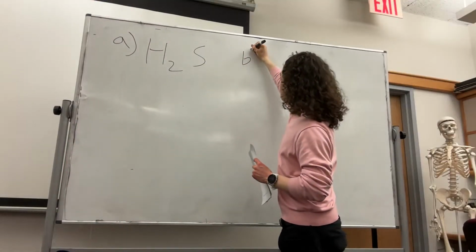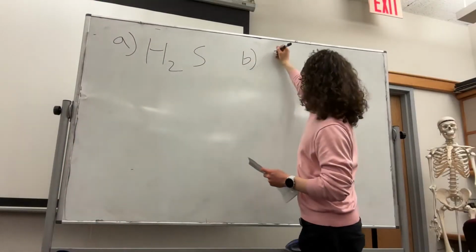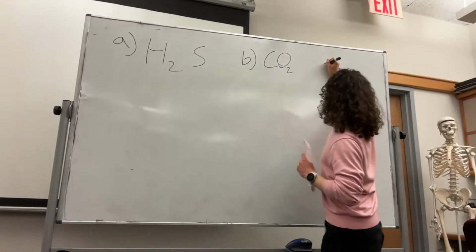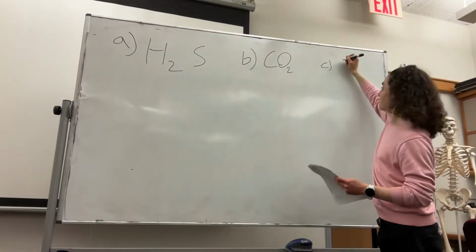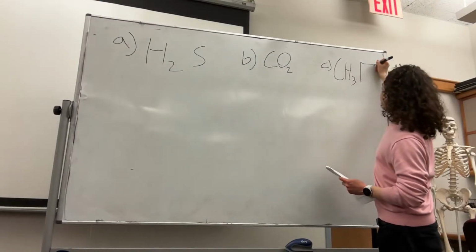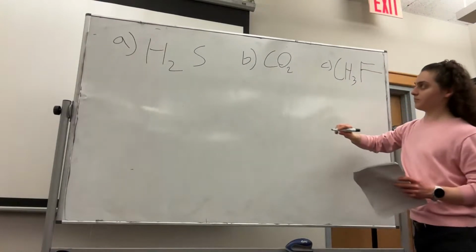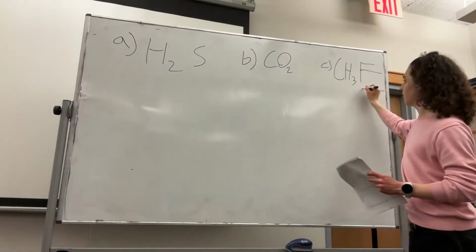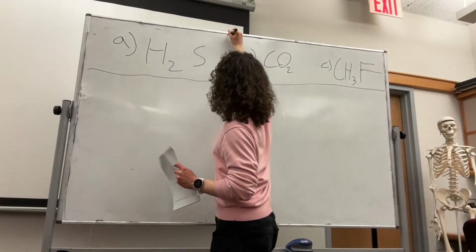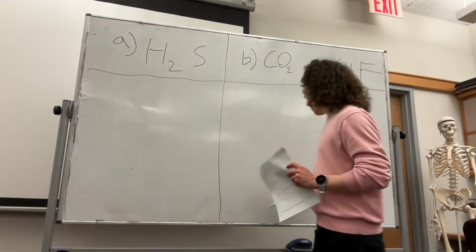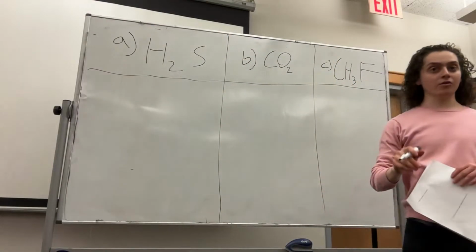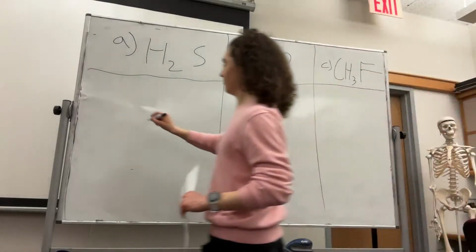B is CO2. C is CH3F. The question is, what intermolecular forces and what molecular geometry. So 1, the forces, 2, the geometry.